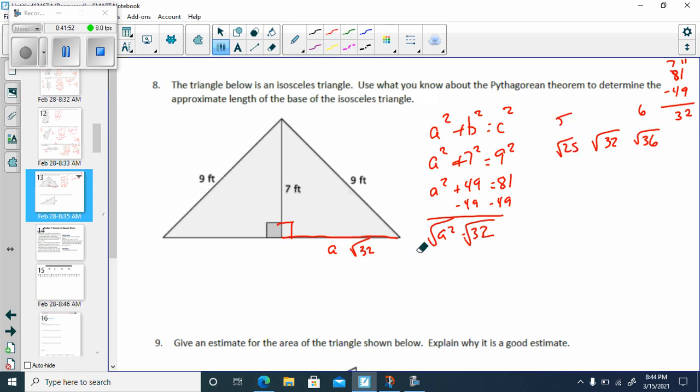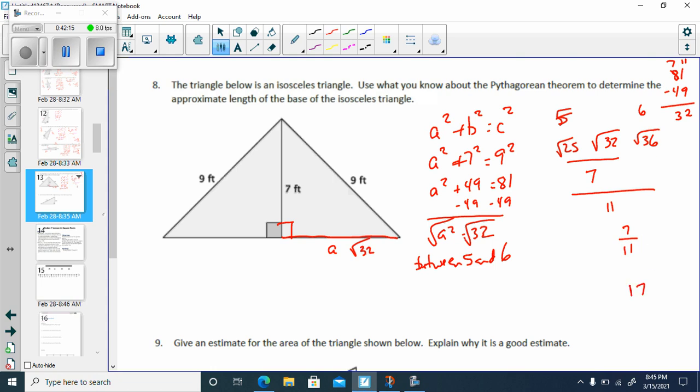So it's going to be between 5 and 6. Let's see what fraction it is. If I say 32 minus 25, I've got 7. 36 minus 25, I've got 11. So we're talking about 7 11ths.